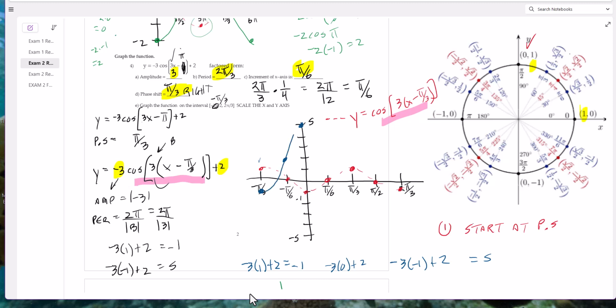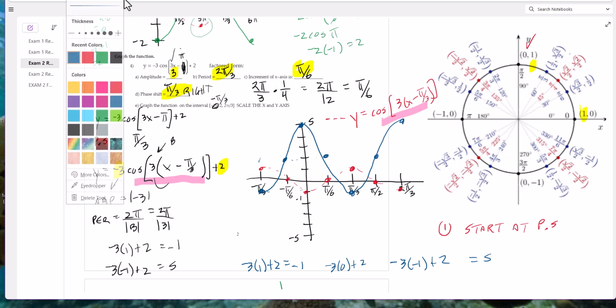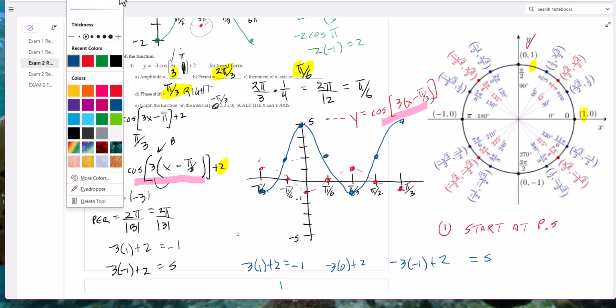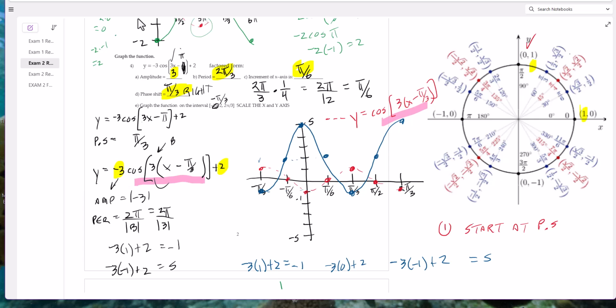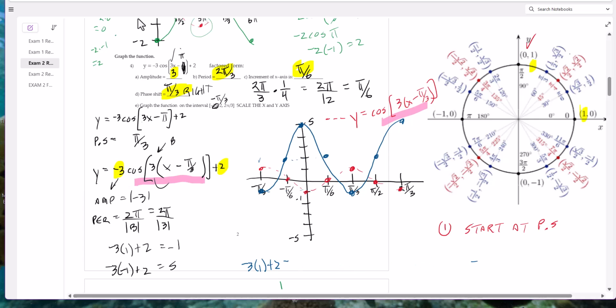This point right here is going to move here. And so forth. Okay, so now you've got a graph of that trig function like that. Okay, so that's how you do that. Right? And if you learn how to use this strategy and practice this strategy, you can get your graphs done really quickly. Okay, but just make sure you start at the phase shift when you have one.